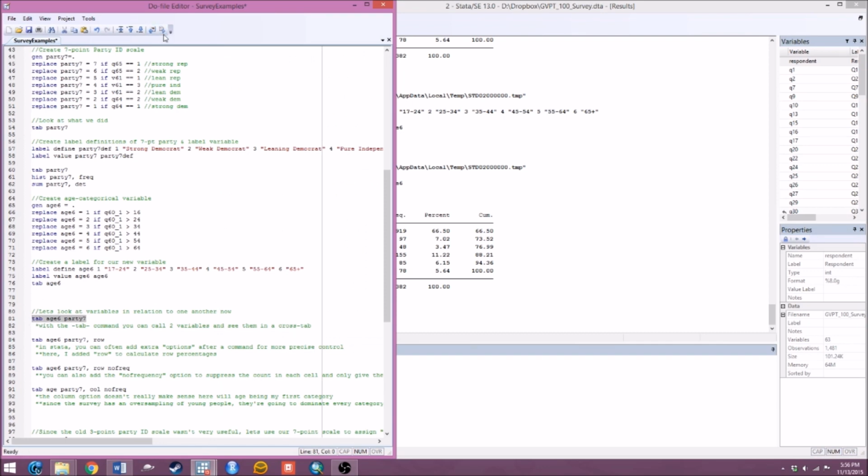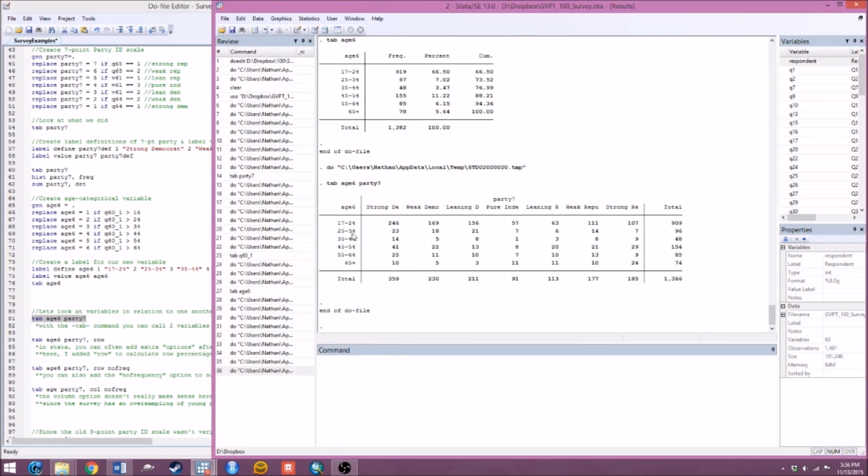So we can see how age and partisanship relate to one another. So we have lots of young, strong Democrats, a few less weak Democrats, and so on, right? And again, we see this familiar bimodal. Lots of people sitting in the partisan camp, not very many people here.